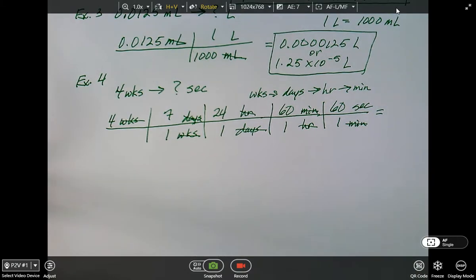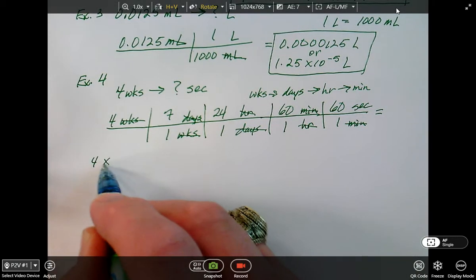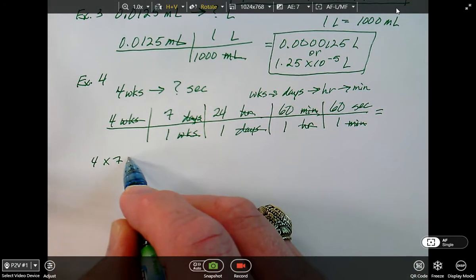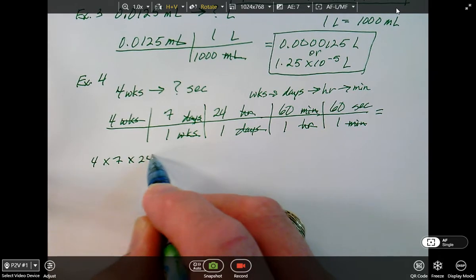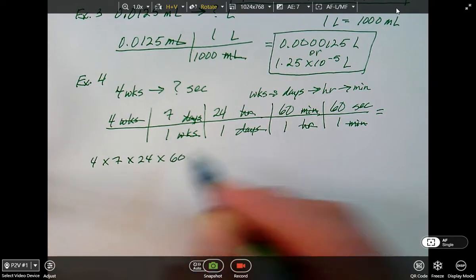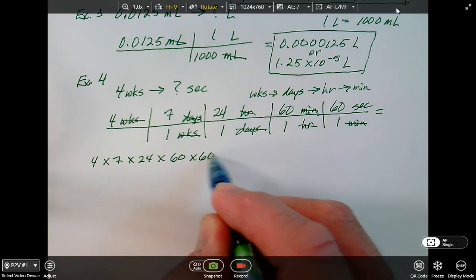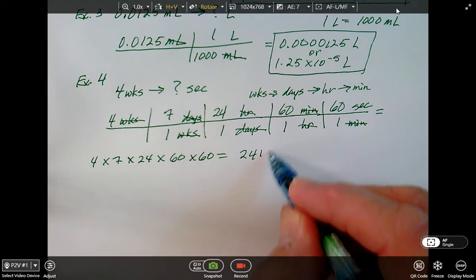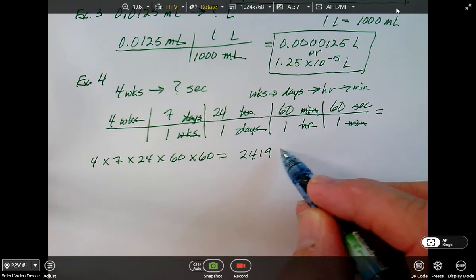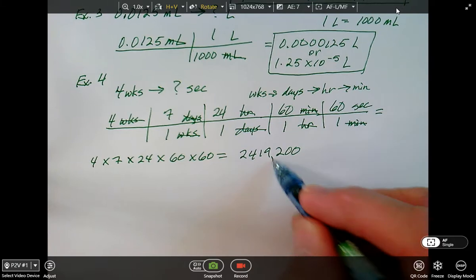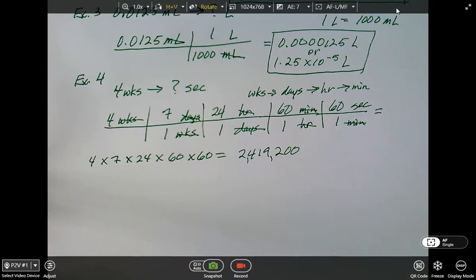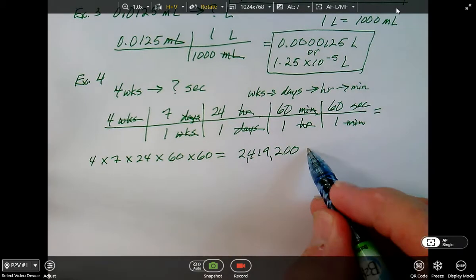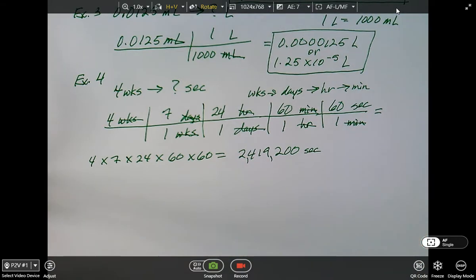So in our calculator, we're going to go 4 times 7 because it's on top, times 24, times 60, times 60. And when I do that, I should get something like this. 2,419,200 seconds.